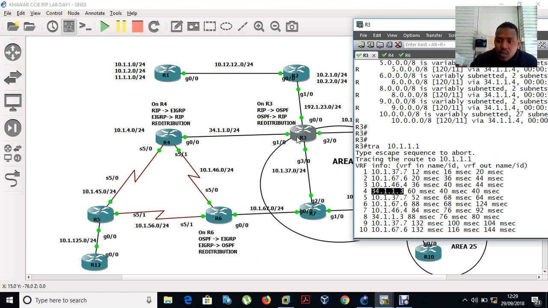This link is running RIP, and again it came back to EIGRP, to OSPF, and then it just went back to the same route, and this link running OSPF, and then it went back to OSPF and EIGRP link, and then it went back to our RIP link.